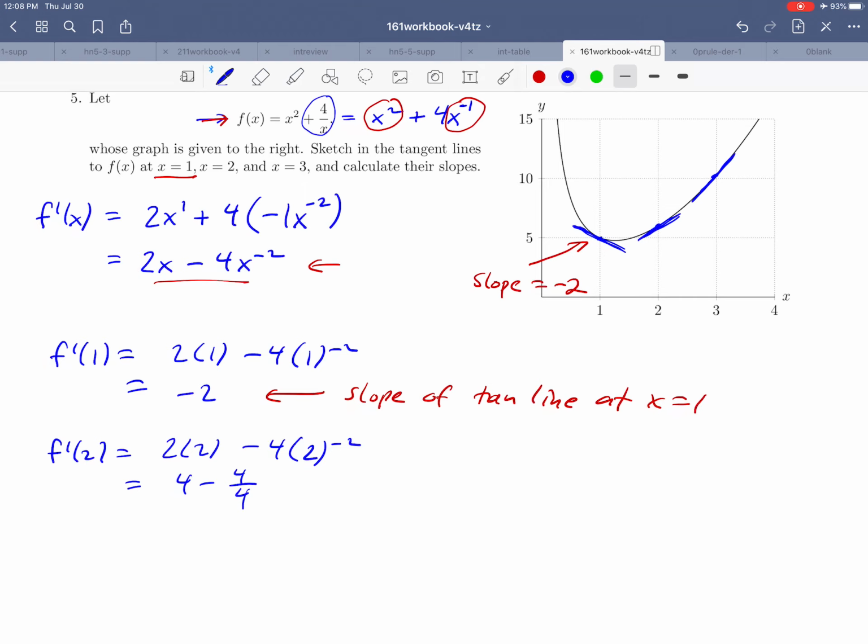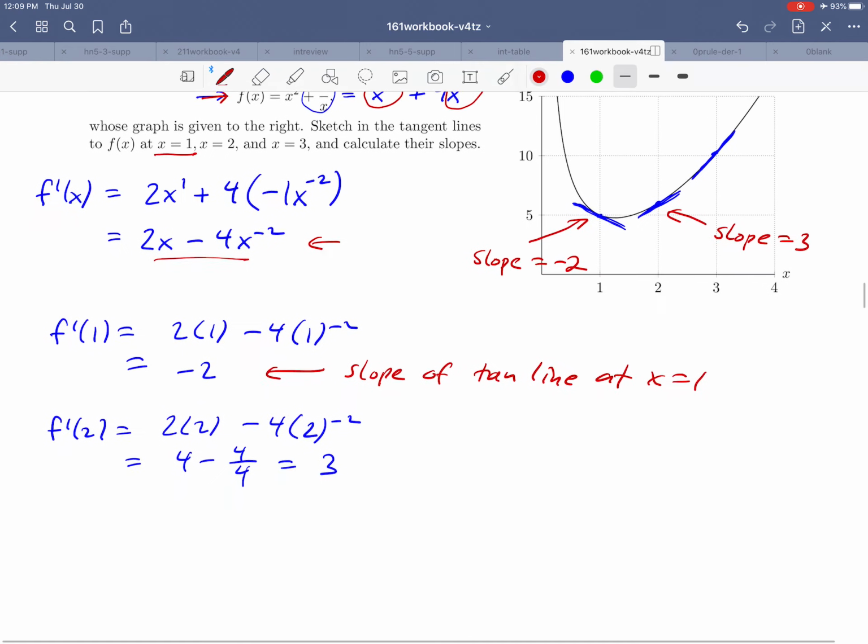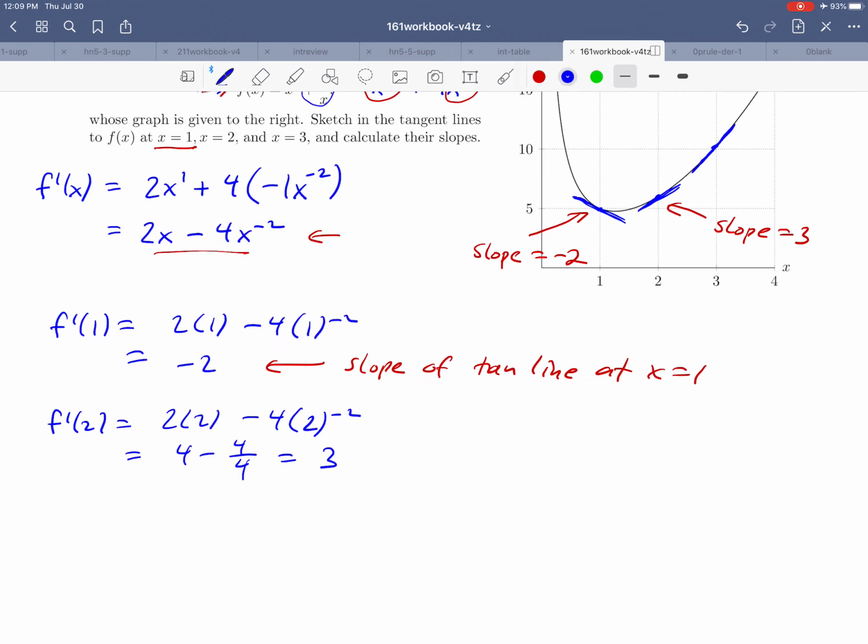I'm thinking of 2 to the negative 2 as being 1 over 2 squared. Okay, and this time you're going to get 3. Okay, and that tells us that the slope of the next tangent line should be 3. And notice that also agrees with our picture in the sense that we can see that that tangent line has a positive slope.